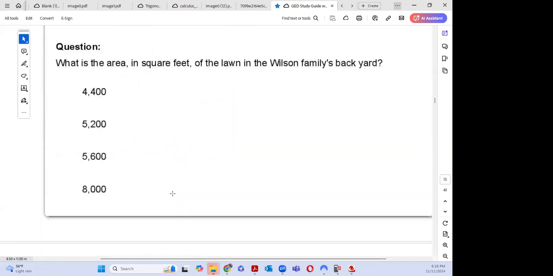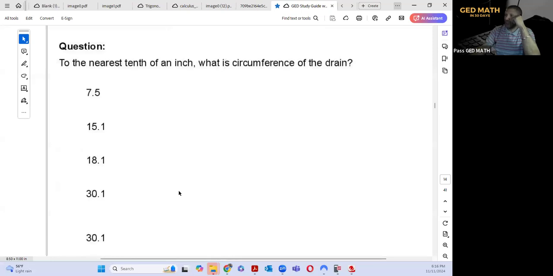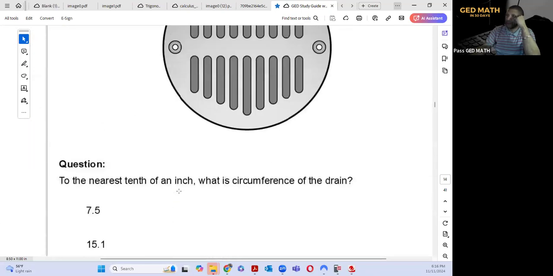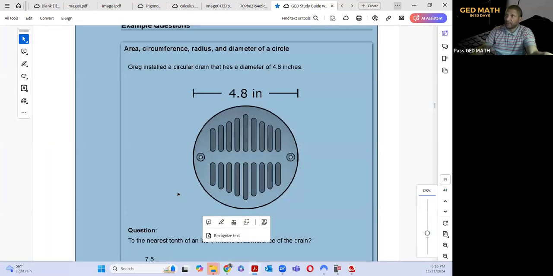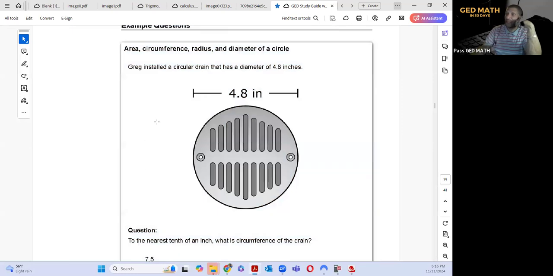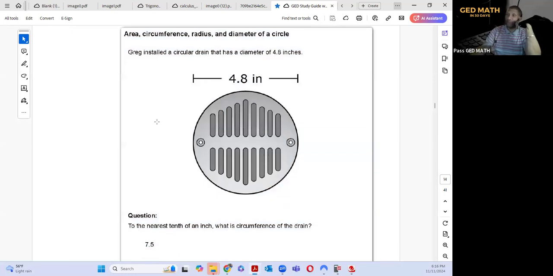Now, let's talk about geometry. Here's another geometry problem: area, circumference, radius, and diameter of a circle. Greg installed a circular drain that has a diameter of 4.8 inches.